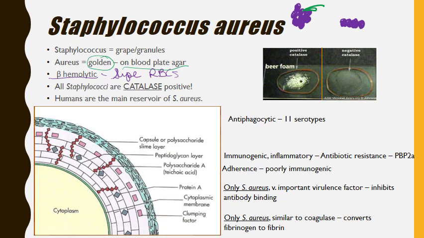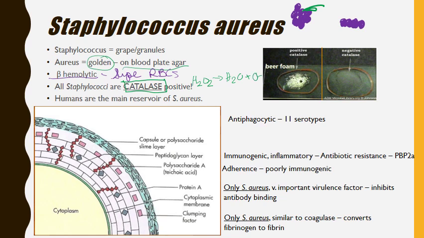One of the major things that we use to differentiate the staphylococci from the streptococci is catalase. Catalase is an enzyme that is produced by the staphylococci, and what it does is it converts hydrogen peroxide that can be present during respiration to basically water and oxygen.